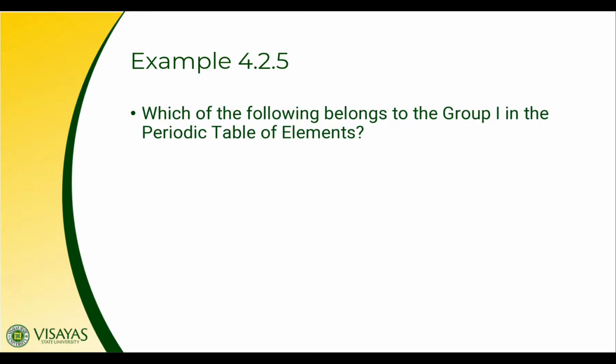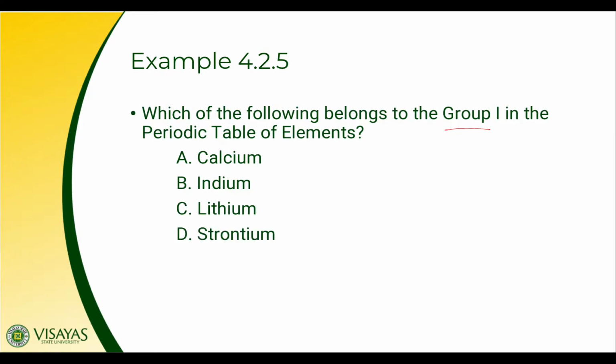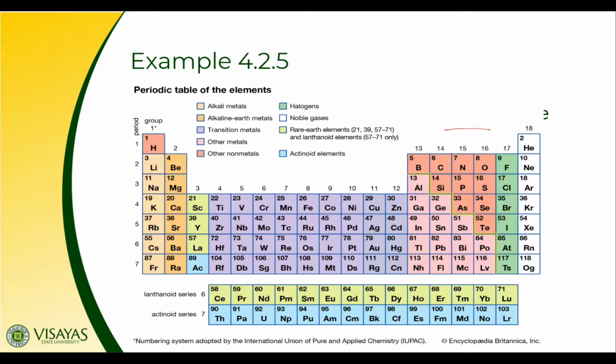Last example. Which of the following belongs to group 1 in the periodic table of elements? If period is the horizontal arrangement, group is the vertical arrangement, from top to bottom. Is it calcium, indium, lithium, or strontium? So we have the same choices. Where is calcium?